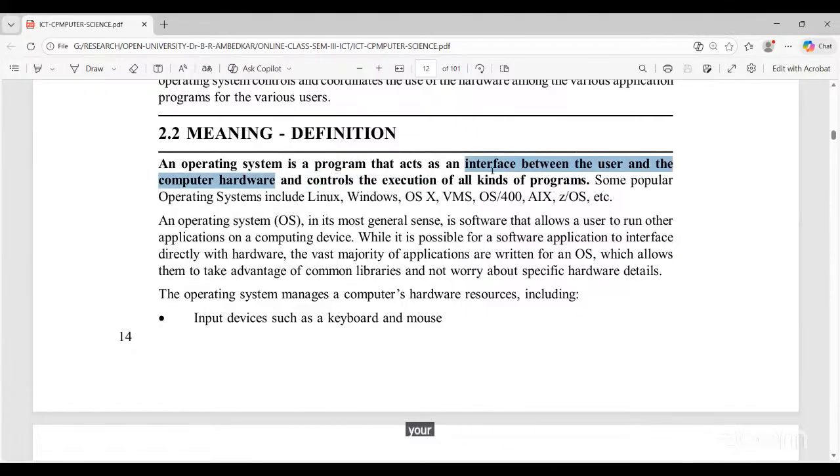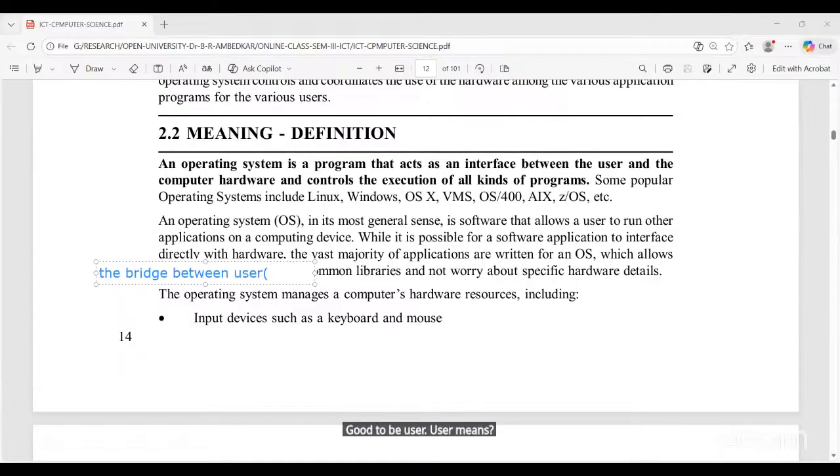Here, interface means a mediator, a bridge between user and computer hardware components. User means a person.